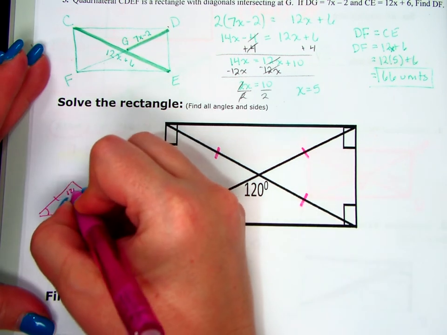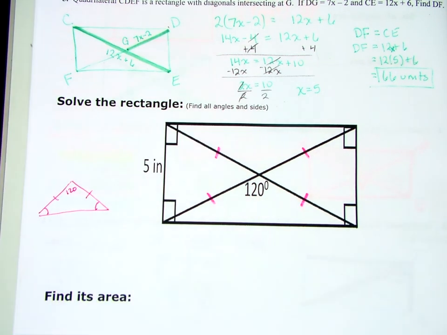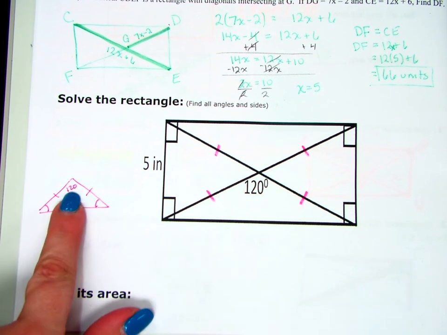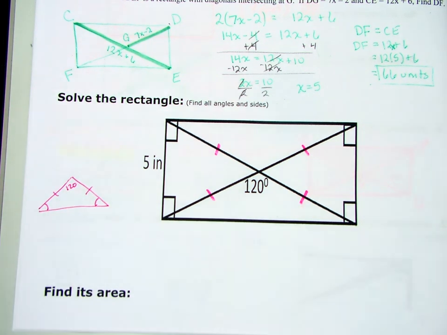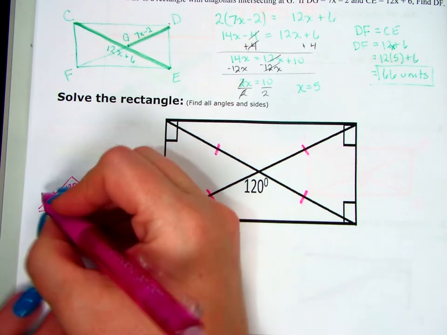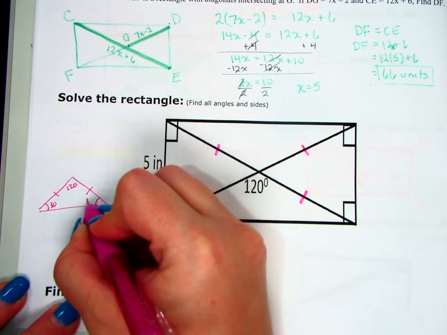If this top angle is 120 and those 2 bottom angles have to be equal to each other, out of 180 degrees, I've already used 120 here, so what's left for those bottom 2 angles? 60, and then when I divide it into those bottom 2 angles, they're each 30.